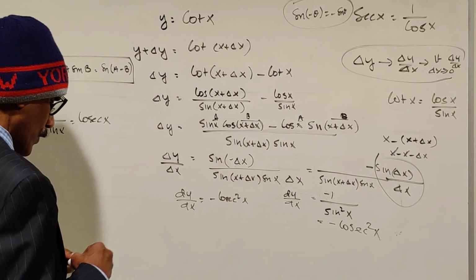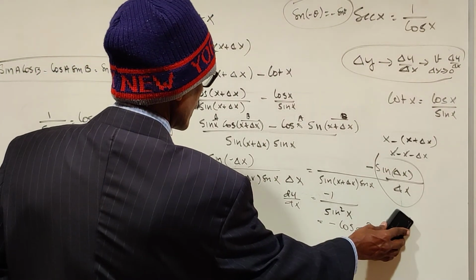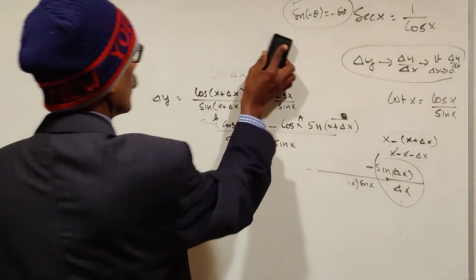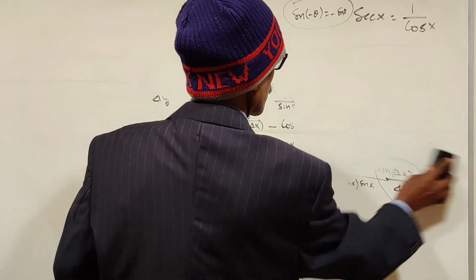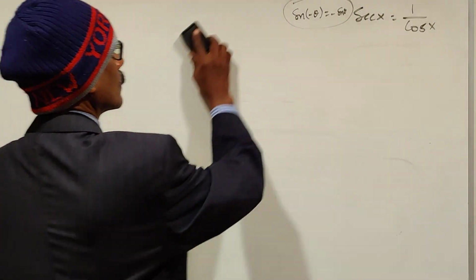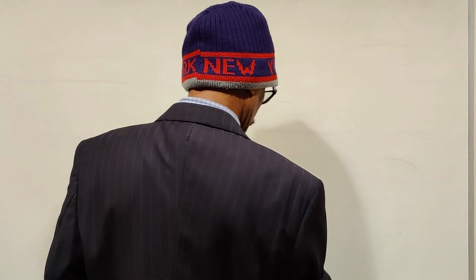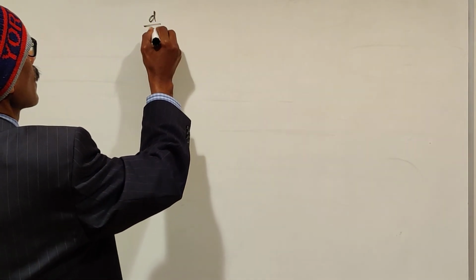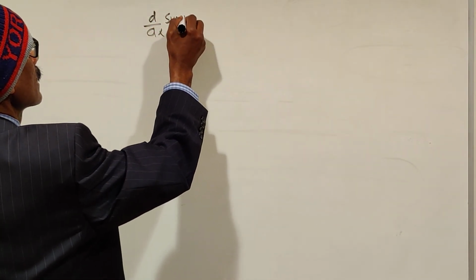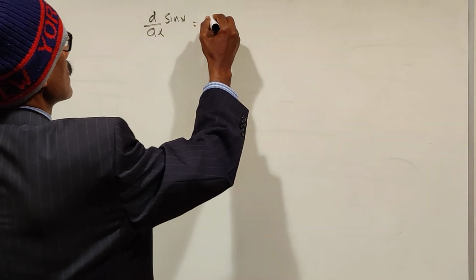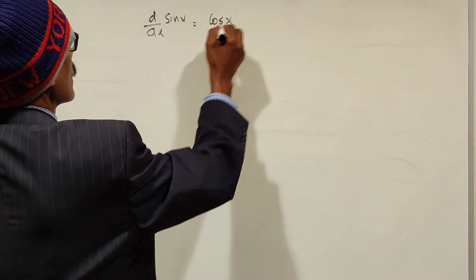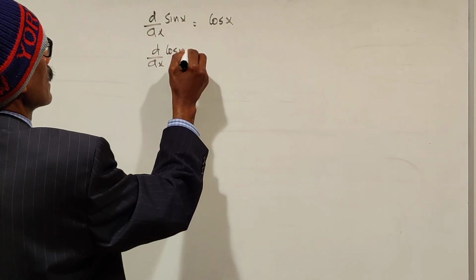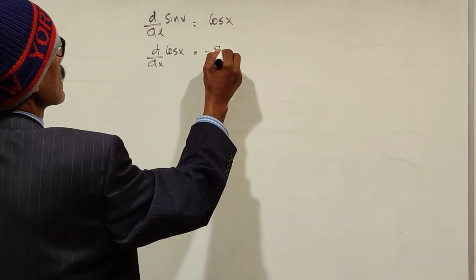Okay, I'm going to write down all the 6 formulas right now. d by dx of sin x, yesterday we derived this one, is cos x. d by dx of cos x equals minus sin x.